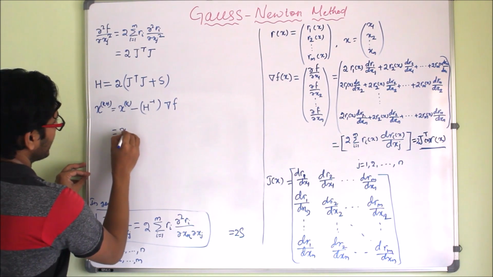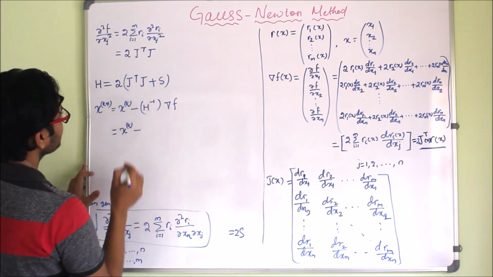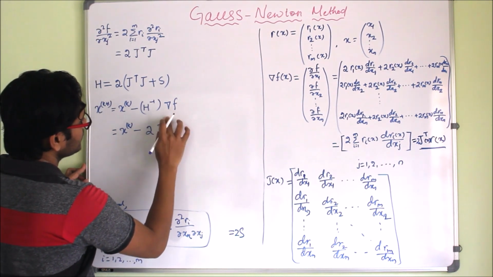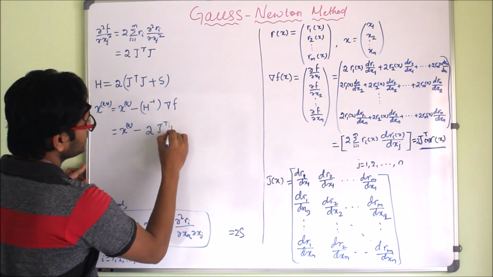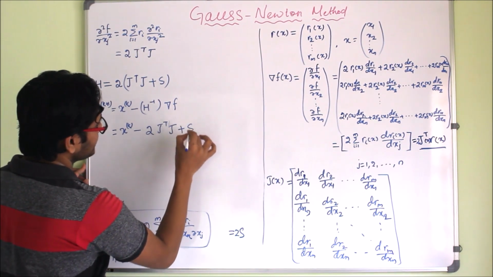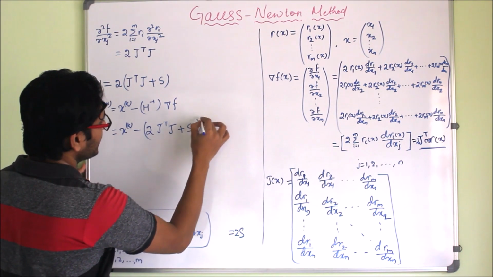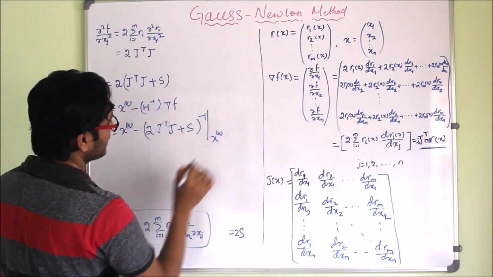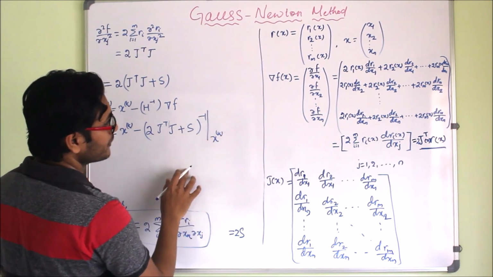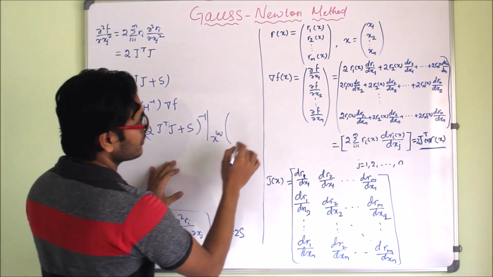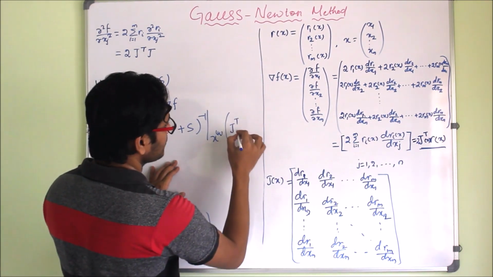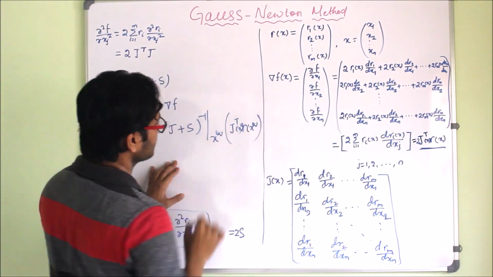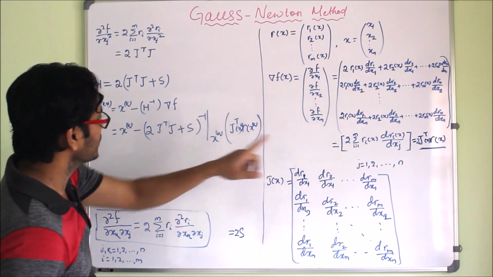So this will be xk minus 2 into (J transpose J plus S) whole inverse at xk, whole into this, J transpose, into R. Now again that 2 is there, so it will come out.